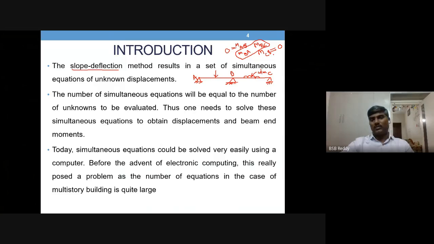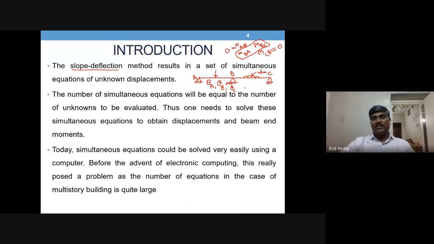So we'll have three equations, and we will be solving three unknowns. Unknowns here are displacements, because these are displacement methods: theta A, theta B, and theta C are unknown.